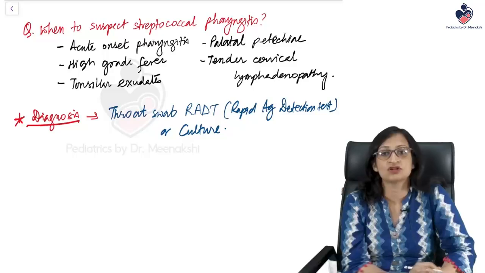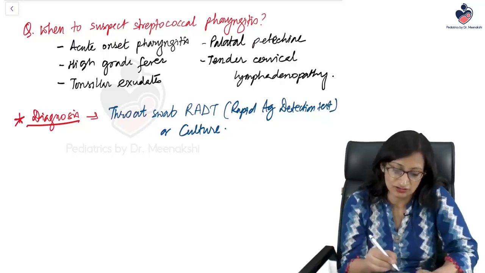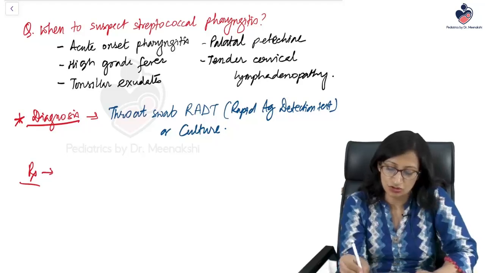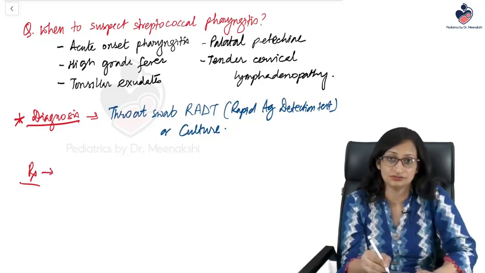Okay. And what is the treatment of choice for streptococcal pharyngitis? It is penicillin or amoxicillin for 10 days.